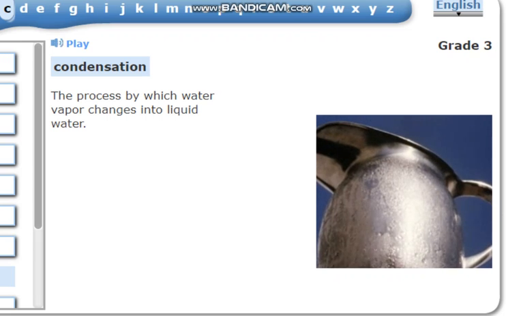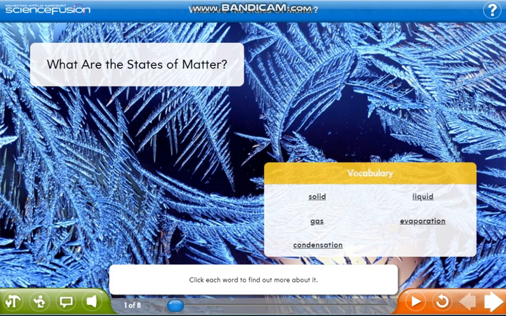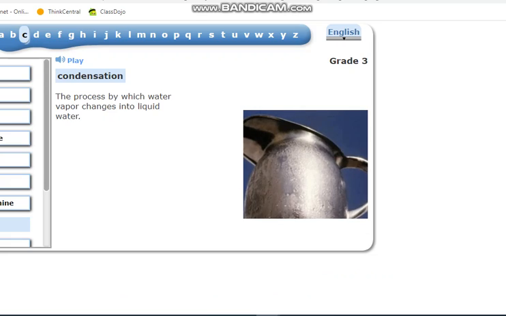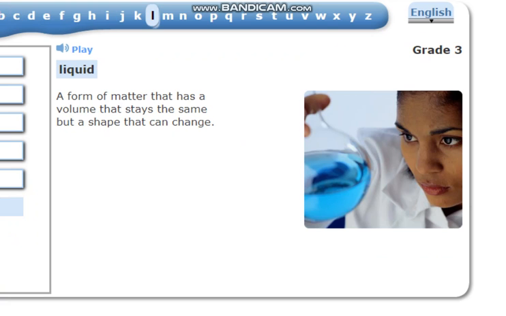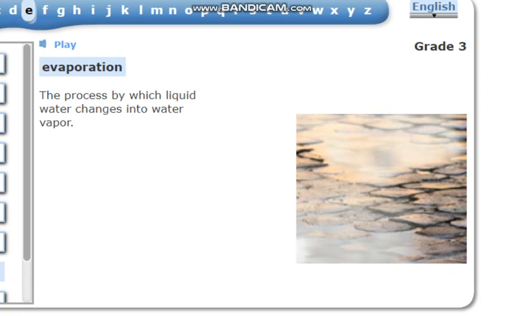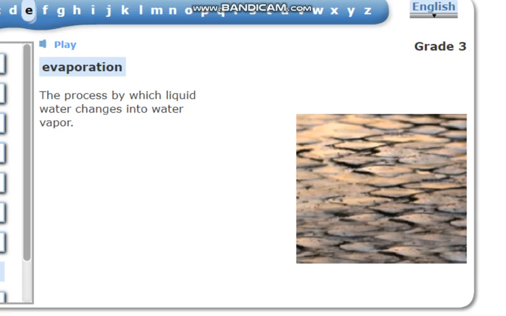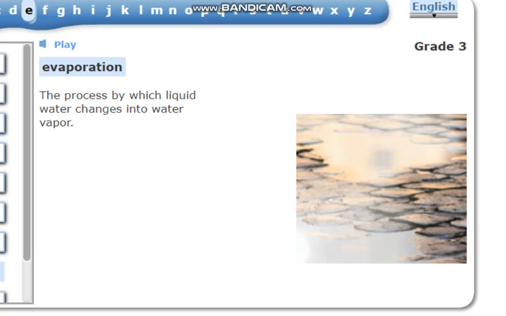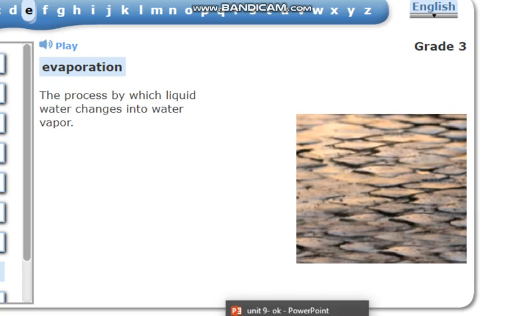The process by which water vapor changes into liquid water. Liquid. A form of matter that has a volume that stays the same but a shape that can change. Evaporation. The process by which liquid water changes into water vapor.